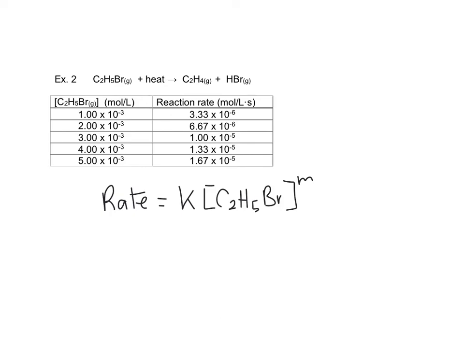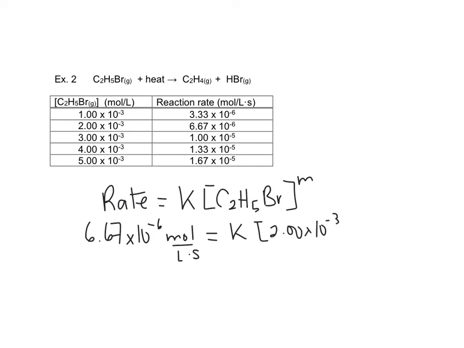So, okay, 6.67 times 10 to the negative 6 moles per liter per second is equal to some constant K times 2 times 10 to the negative 3. So I could have said 2 millimoles.